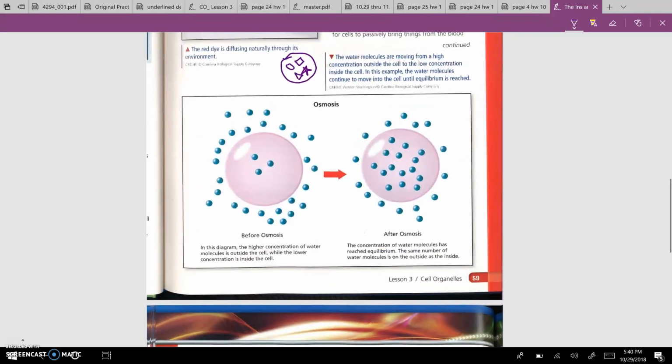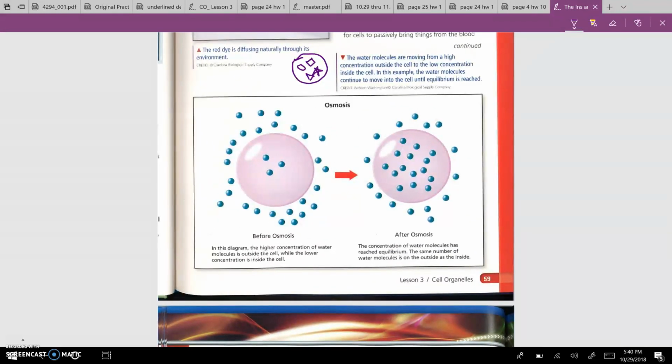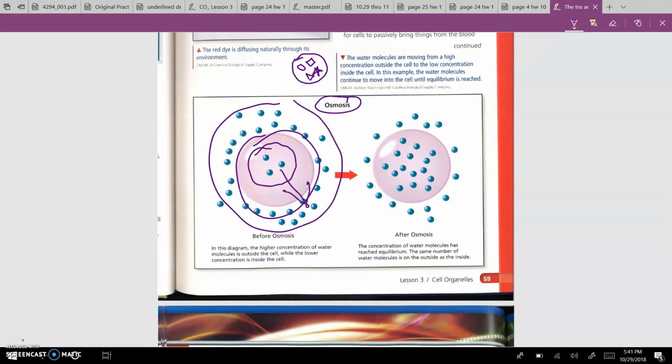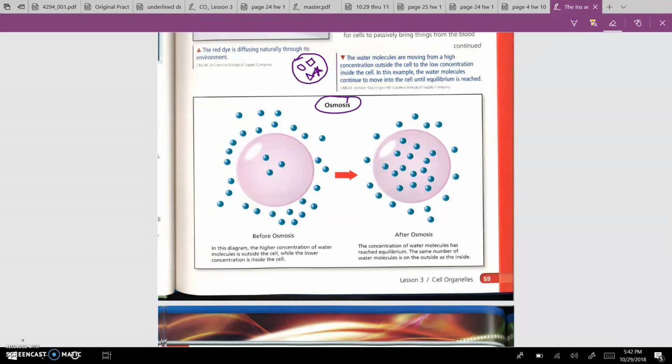We're going to stop for a second and go back up to this picture that shows osmosis. What we want to take a look at is the fact that in this picture, there's not a lot inside the cell. The higher concentration of molecules is outside the cell, because there's only 3 inside and a lot more outside.